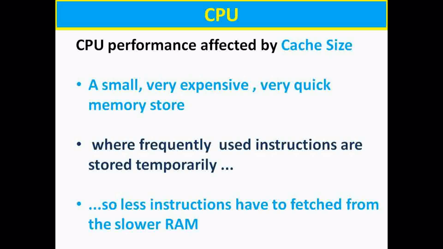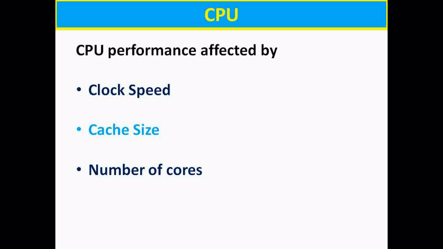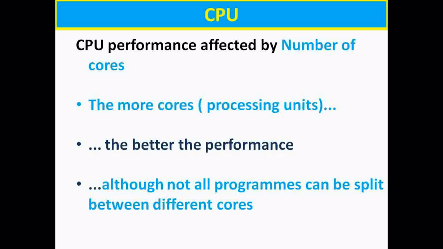Cache is a very small, maybe 2 megabytes worth of memory, which is very expensive but very quick to fetch instructions from. And because frequently used instructions are stored there, it's a lot quicker because less instructions need to be fetched from the RAM. The performance of the CPU is also affected by the number of cores. The more cores, the more processing units within the CPU, the better the performance, although not all programs can be split between different cores easily.